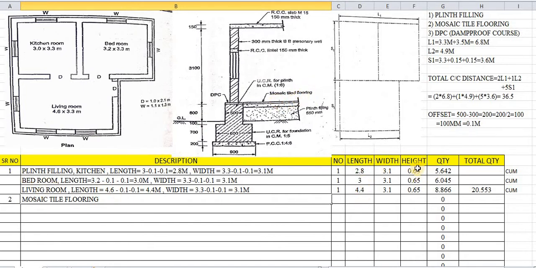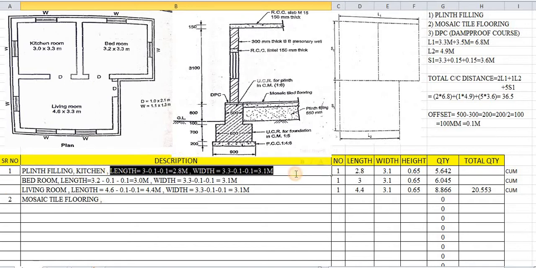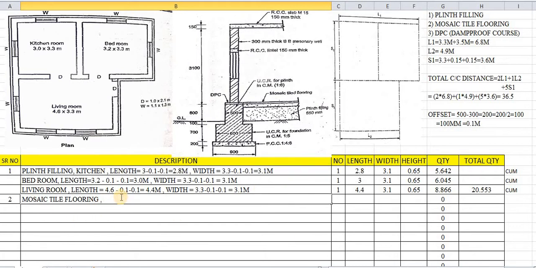The same quantities are there, only this height column will not be there, because this 0.65 height will not be there. Here mosaic tile flooring has a very negligible thickness and it is measured in square meters. So first we will find out the same length, and the same length is to be calculated with the same offset because it has been laid along the same line. So we will copy this part the same. There is no change.